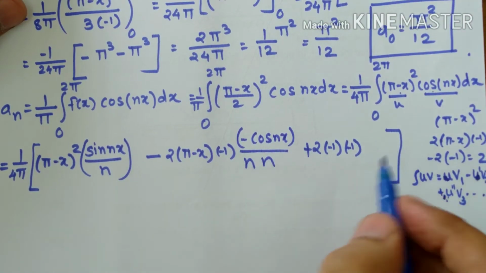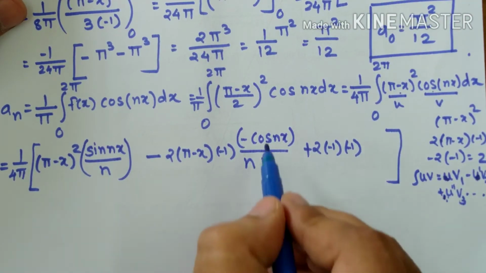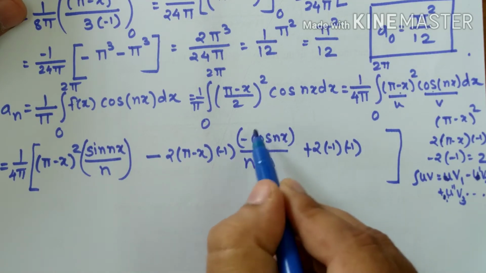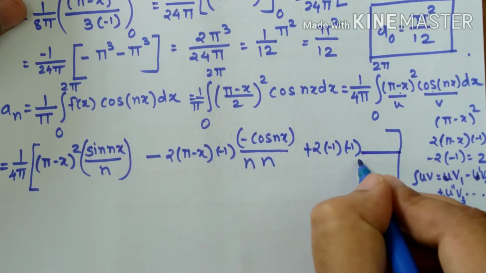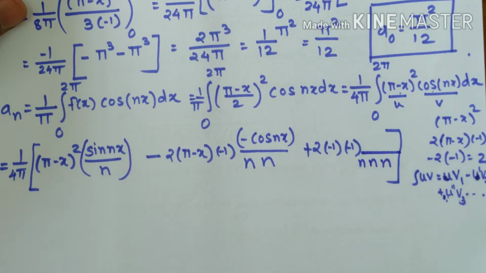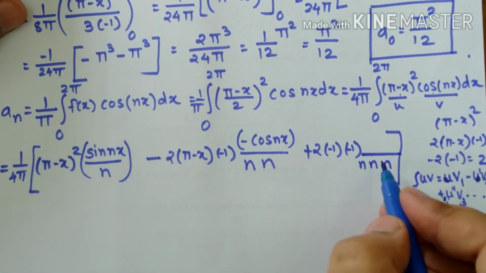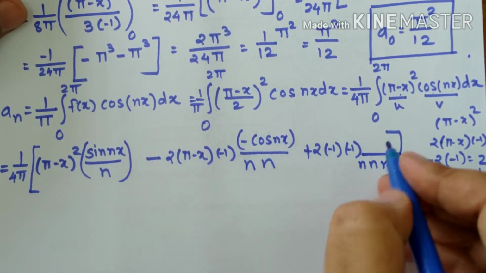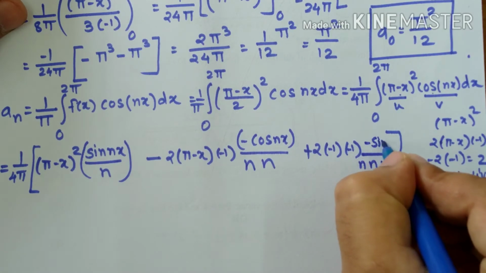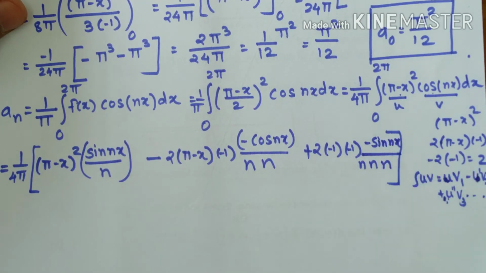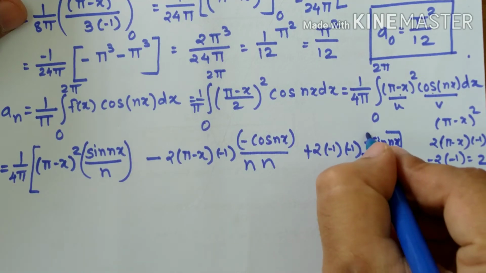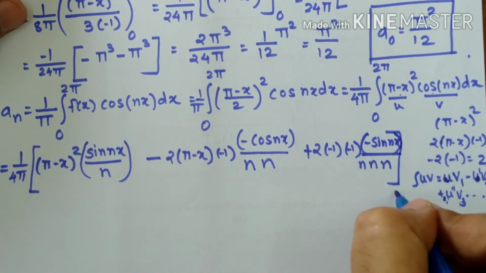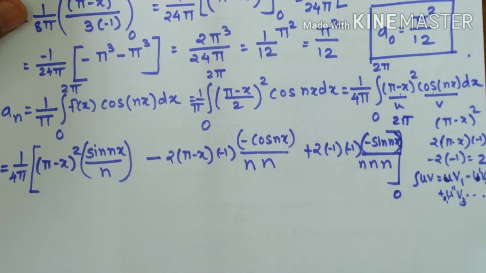And in the third term, we have v3, which is nothing but the entire term v2 further integrated. Hence n into n will come there, and integration of minus cos nx is minus sin nx divided by n. Limits from 0 to 2 pi.